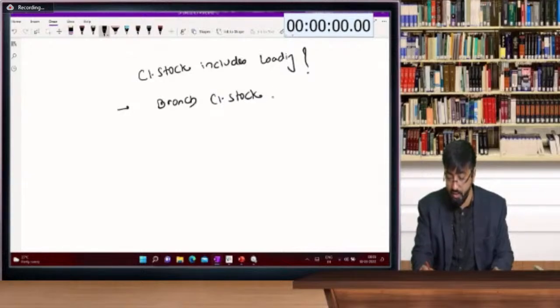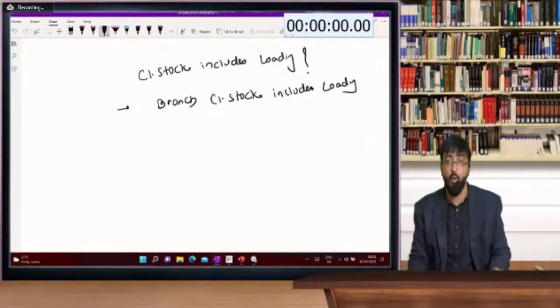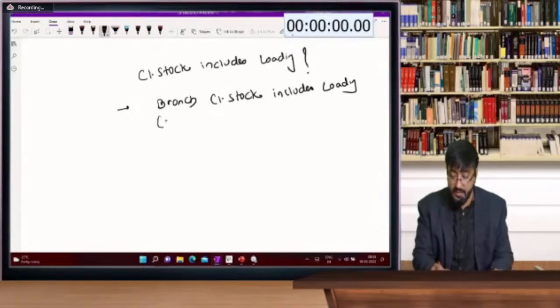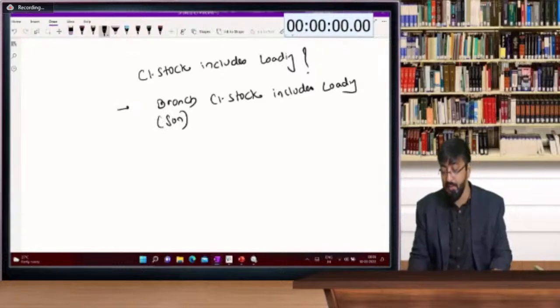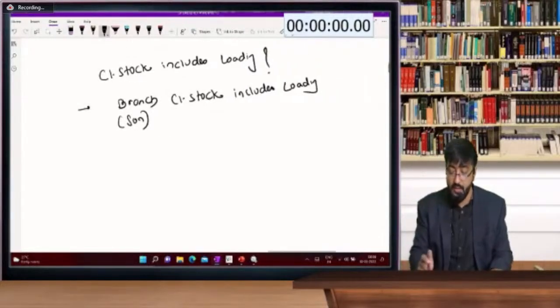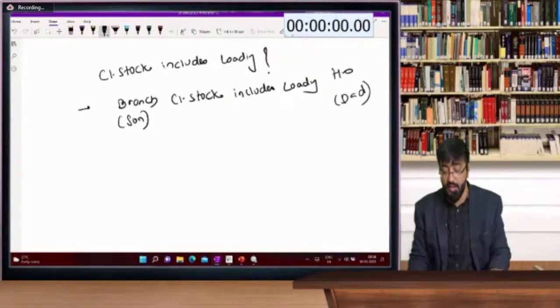Branch closing stock includes loading. Now, why does branch closing stock include loading? Logic is very simple, because branch is a recipient department, that is a son department, and HO is a dad. Okay, so HO's loading is included in the branch books.